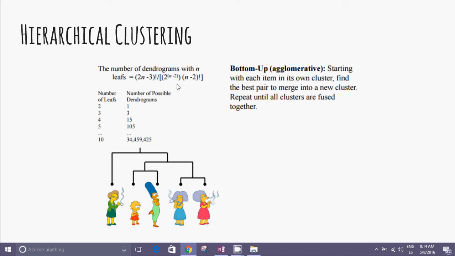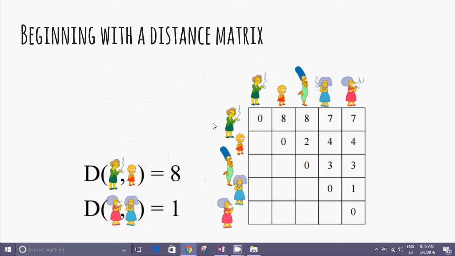Bottom-up agglomerative focus: starting with each in its own cluster, we find the best pair to merge into a new cluster, repeating sequentially until all clusters are fused together. Beginning with a distance matrix.